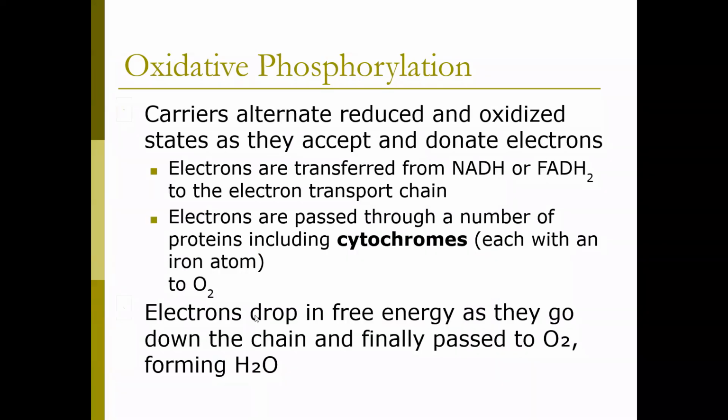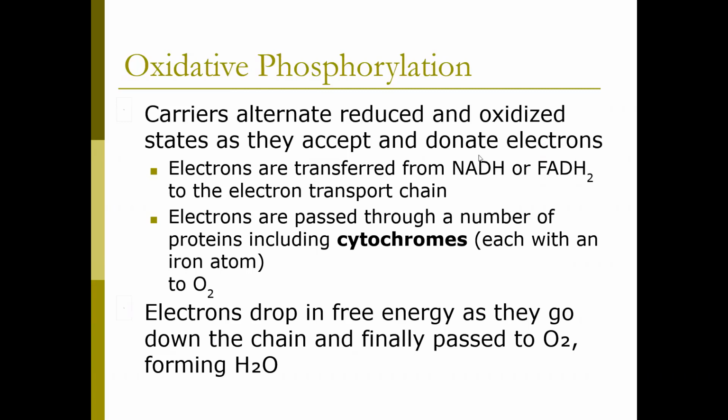The carriers, remember the NADH and NAD+, alternate between reduced and oxidized states as they accept and donate their electrons. When NAD+ accepts those electrons, it's reduced to the form NADH because it's gained those electrons.